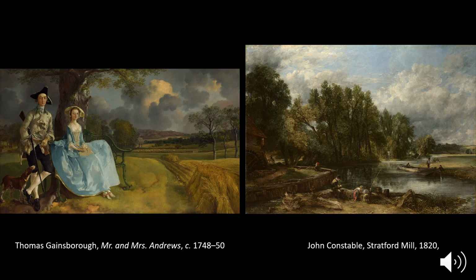Constable wanted to show us a vision of a permanently stunning nature and laborers that were happy and organized and at work. If you look closely at his workers in Stratford Mill, right, shirt sleeves are white, right?